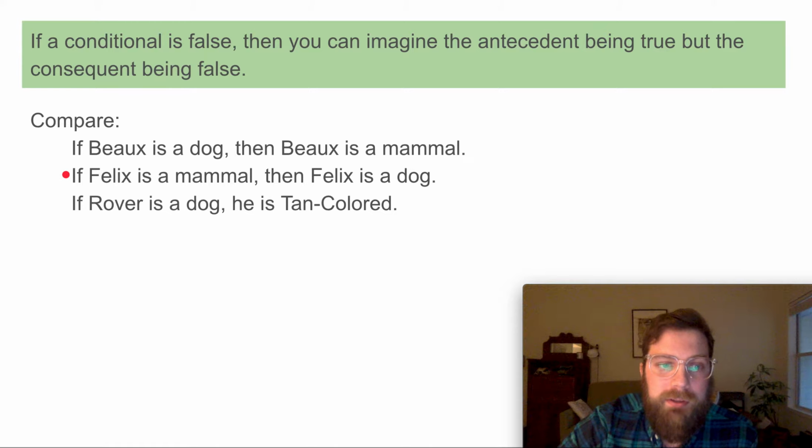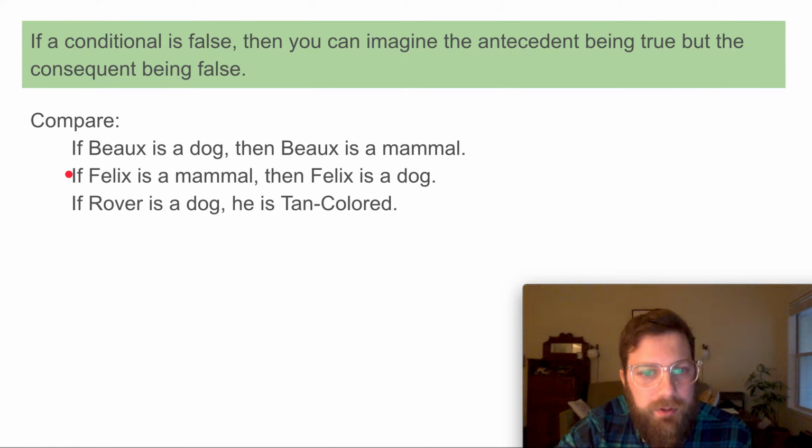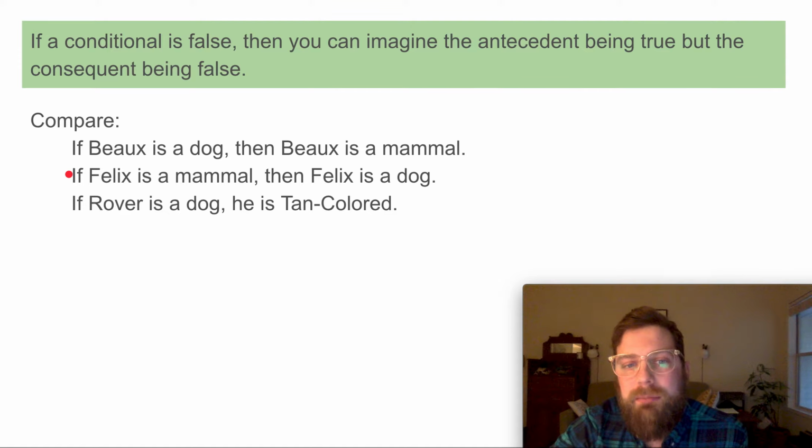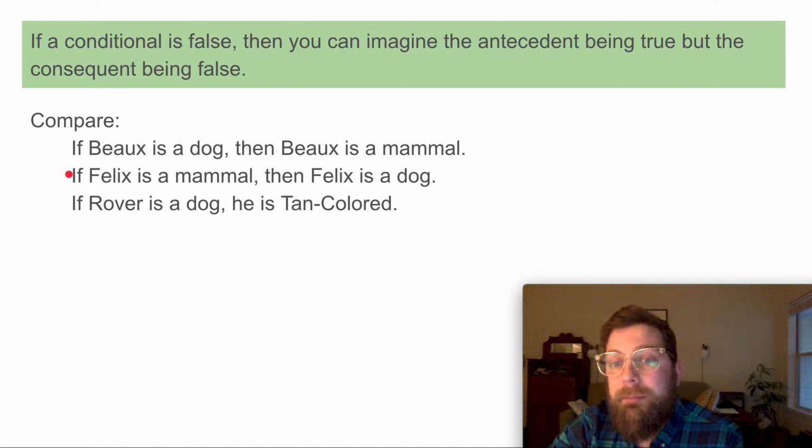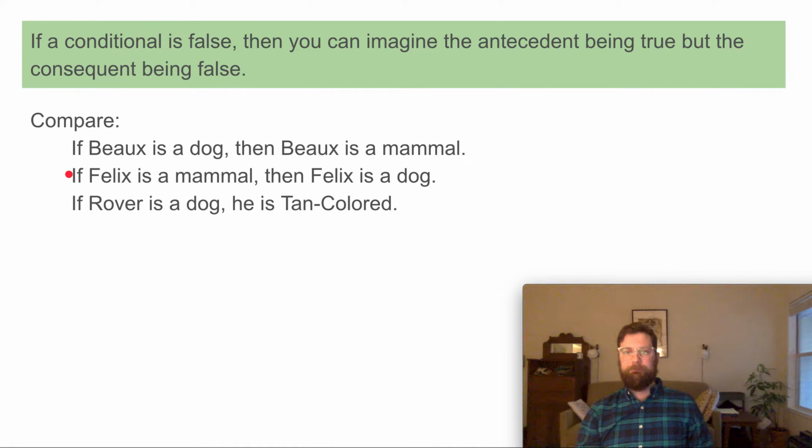But if we look at the second one, if Felix is a mammal, then Felix is a dog. Well, again, see if you can imagine something being a mammal but not being a dog, right? In this case, we can imagine that Felix is a cat or a mouse or a human, right? And if that's right, then we can imagine the antecedent being true with the consequent still being false.